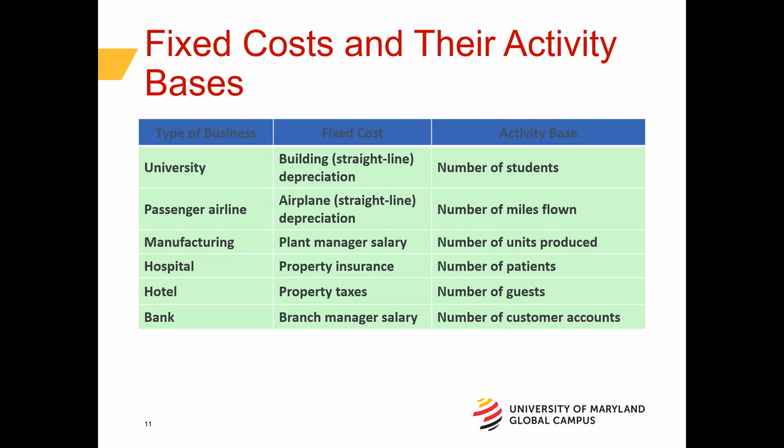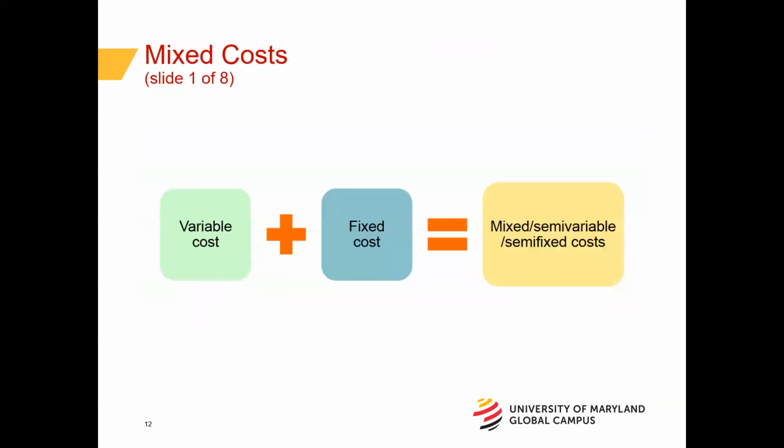In manufacturing, very important consideration, the plant manager's salary and the activity base would be the number of units produced. We keep going on. So this helps us to better understand the cost behavior, right?